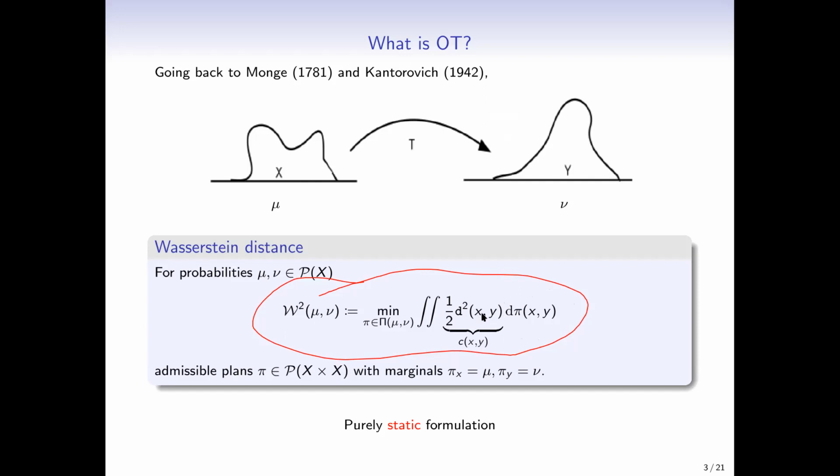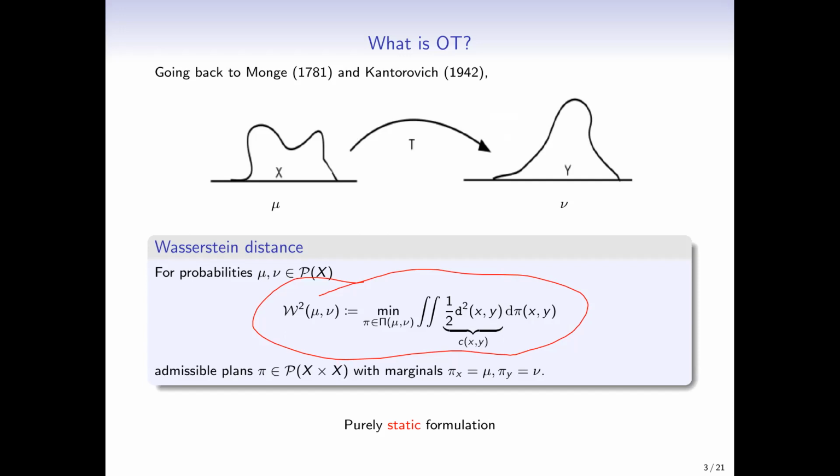And you can think essentially of d pi of x, y as the infinitesimal amounts that you will actually transport from location x to location y. It is very possible that one point x is split towards two targets, y1 and y2, say. So this allows for a very flexible setup, if you like.